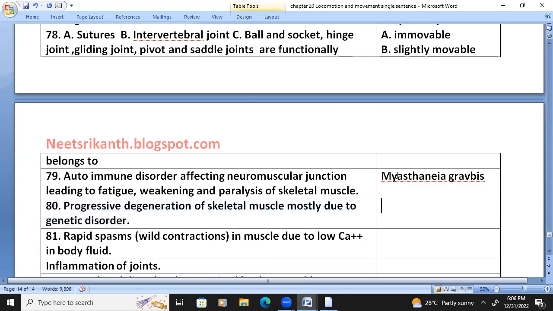Progressive degeneration of the skeletal muscle, mostly due to a genetic disorder, is muscular dystrophy. Rapid spasm, wild contraction of muscle due to low calcium ions is tetany.